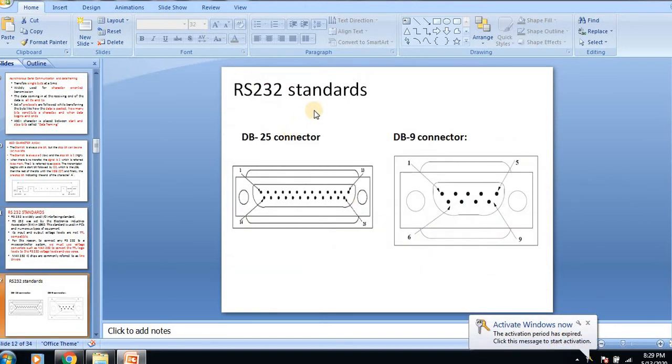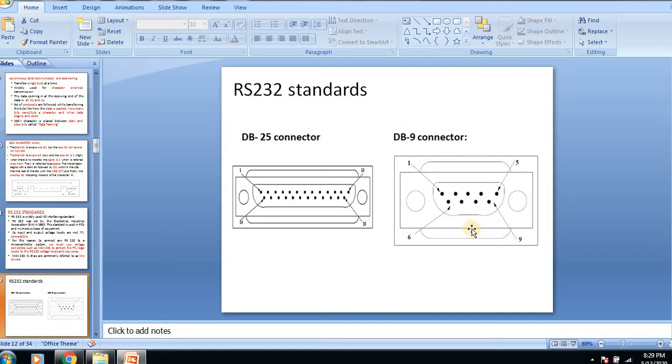So in RS-232 earlier we had a DB25 connector. This IO interfacing standard has 25 pins, but many of the pins are unused. So that's why later the DB9 connector was invented, which has a total of 9 pins.